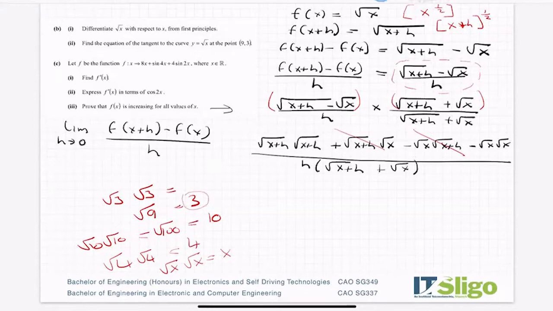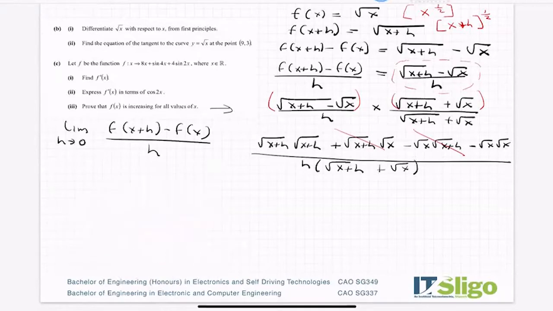So that is why I'm not too bothered about this term and this term, because I know now the square roots are gone. I'm just left with x plus h there, and at the end I have x, and it's all over h times root x plus h plus root x. Not too much I can do with the bottom.